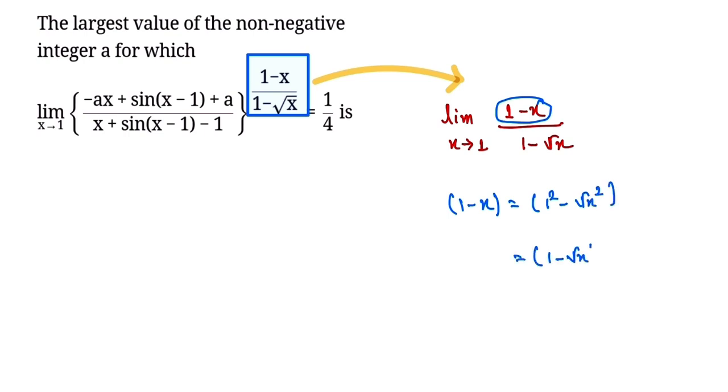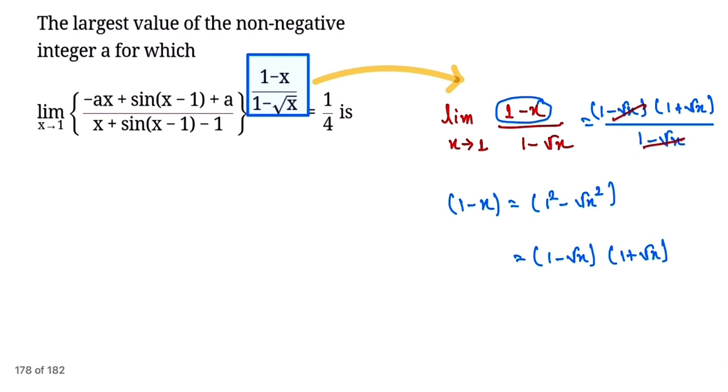Using the identity a square minus b square equals (a minus b)(a plus b), it becomes (1 minus root x)(1 plus root x). So 1 minus root x cancels out, and remaining is the limit as x tends to 1 of 1 plus root x.